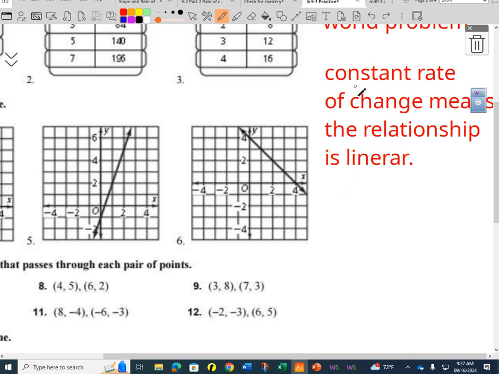And we can determine if it's a constant rate of change if y divided by x for all values equals the same number.